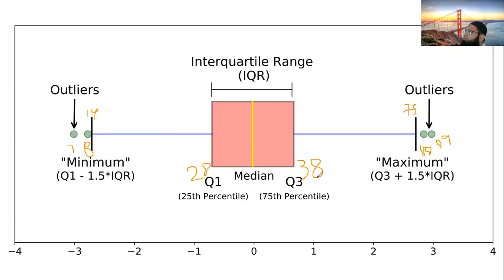What does it mean? Yes, 75% of my customers have an age below 38. That is what a percentile means. That's a big deal. Okay. And 25% of my customers have an age below 28.